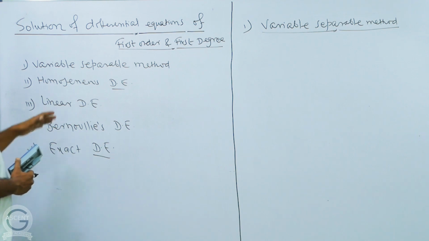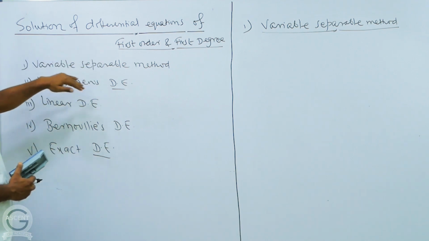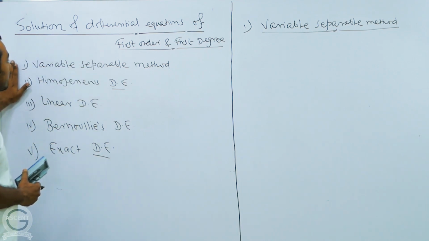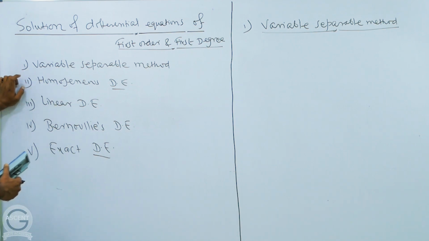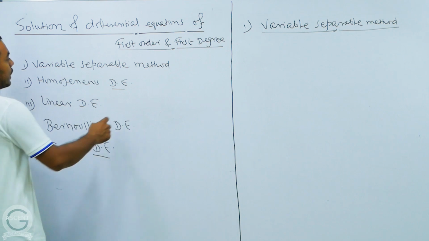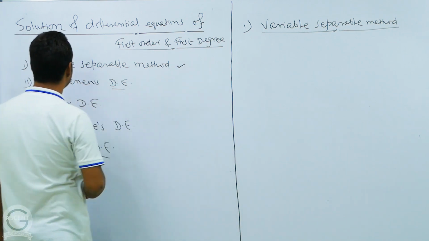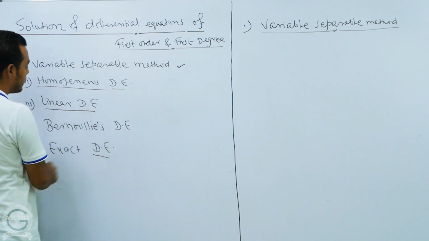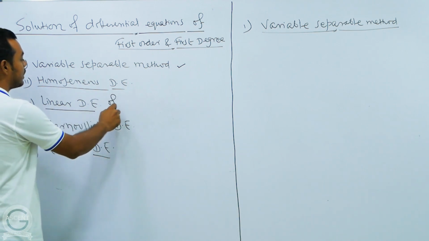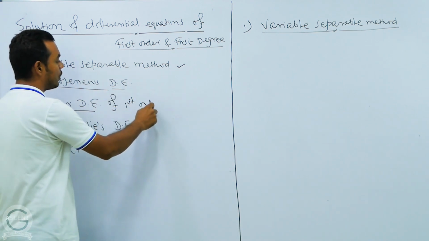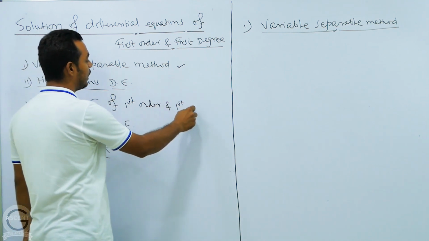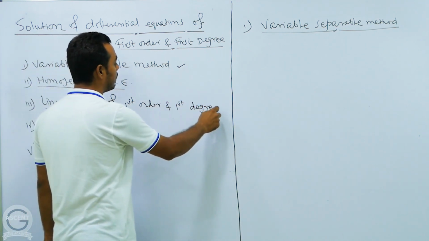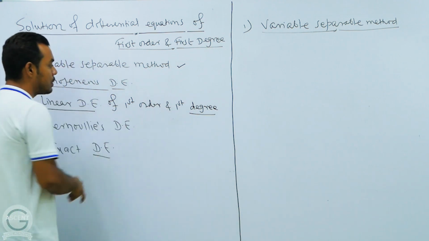Now for these types of differential equations, there are different techniques to solve them, so we are going to see them one by one. Our first method will be the variable separable method. Then homogeneous differential equation, then linear differential equation of first order and first degree. We are only talking about differential equations of first order and first degree.